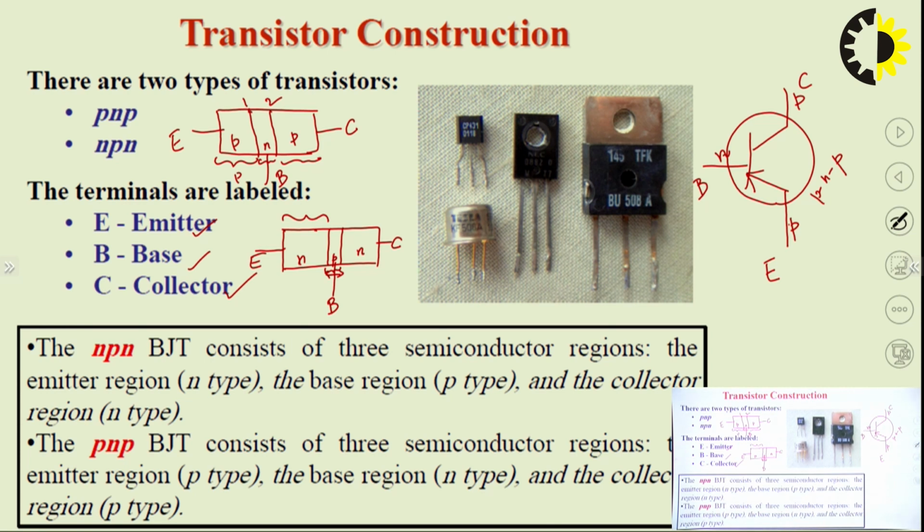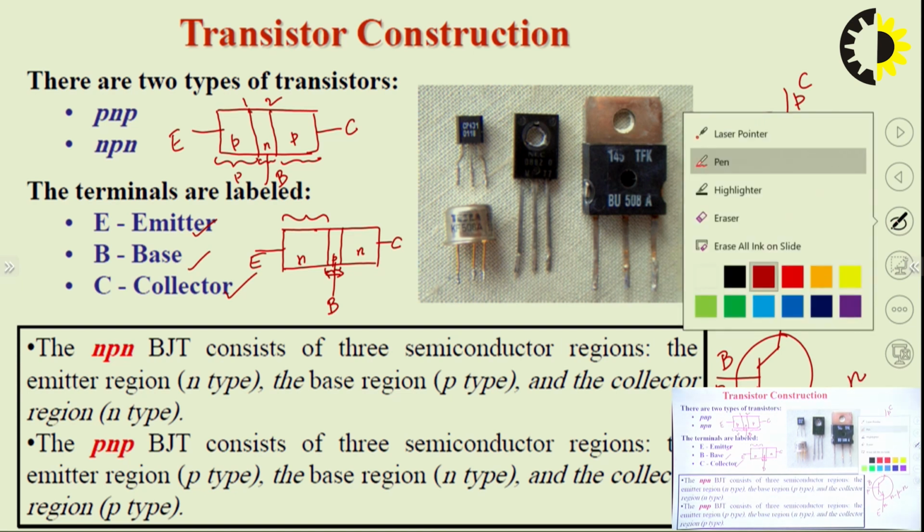Okay. Similarly, if I talk of NPN, let's say N, P, N, emitter, collector and base. Again I will flow the current from positive to negative terminal, and I will put the arrow like this, and this will be the symbol for NPN transistor, right?